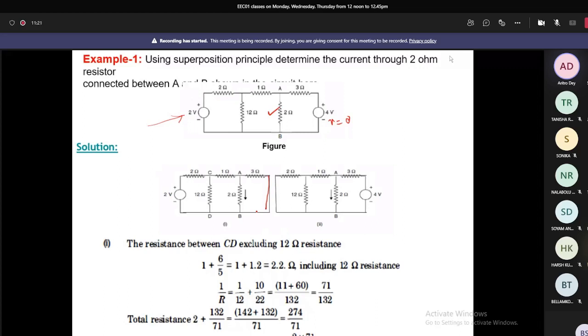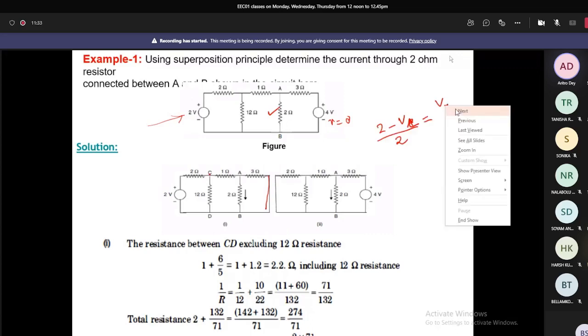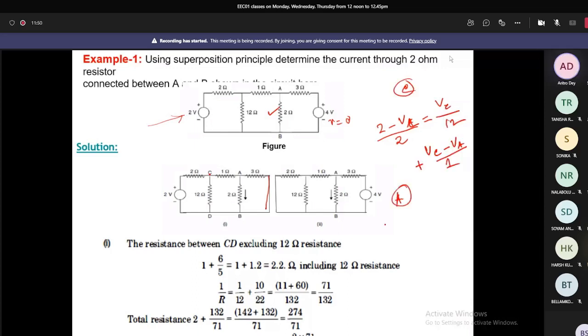So (2 minus VA) by 2 ohm is equal to VA by 2, then (2 minus VC) by 2 is equal to VC by 2, then VC by, this is 12 ohms, right? Then (VC minus VA) by 1. This is for node C, and then node A, VC minus VA equal to VA by 2.